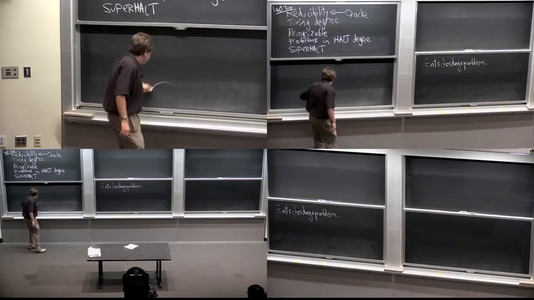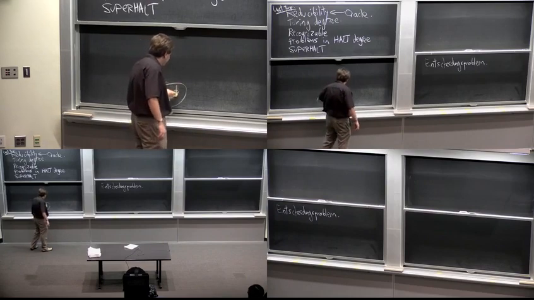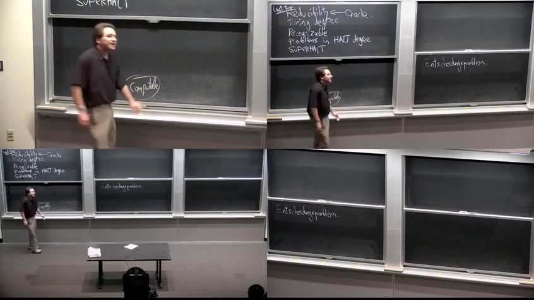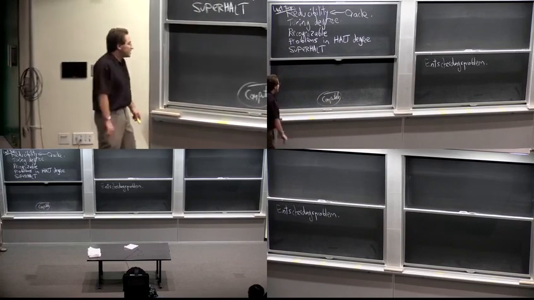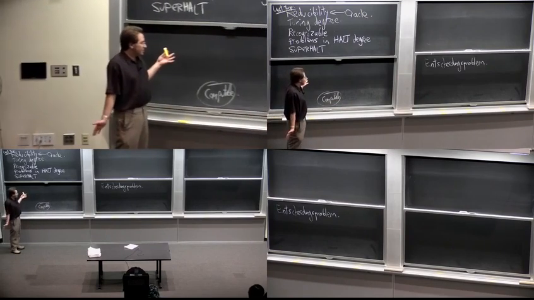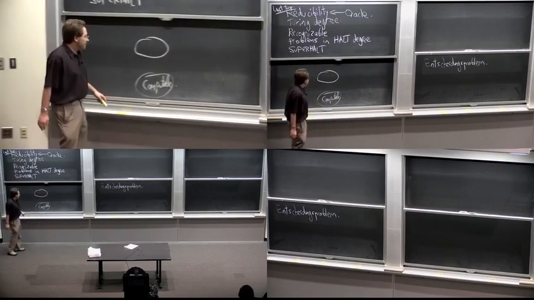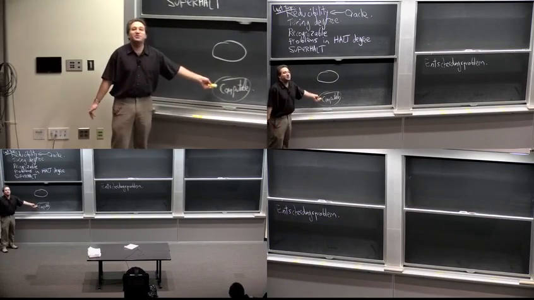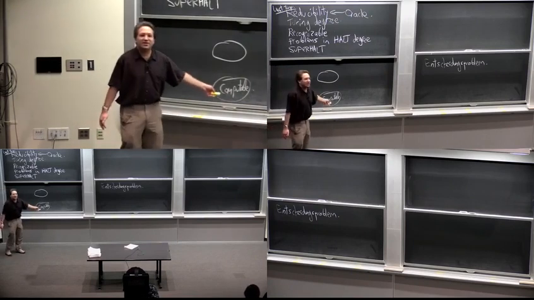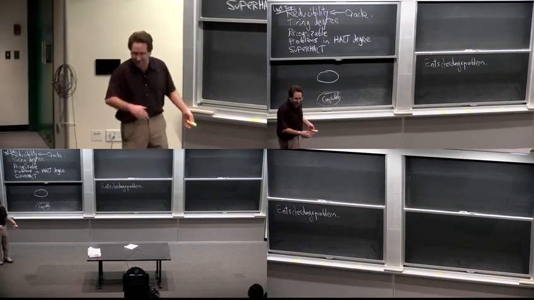Okay, so the Turing degrees that we've seen are: there's the Turing degree of all of the computable languages, and that's at the very bottom. Computability theorists actually call it 0.